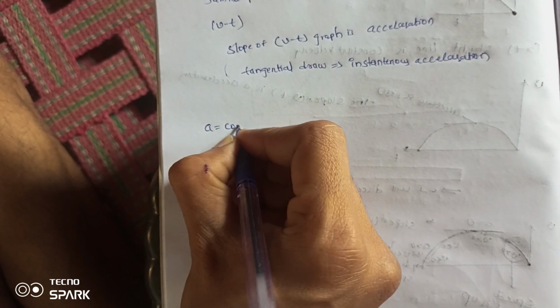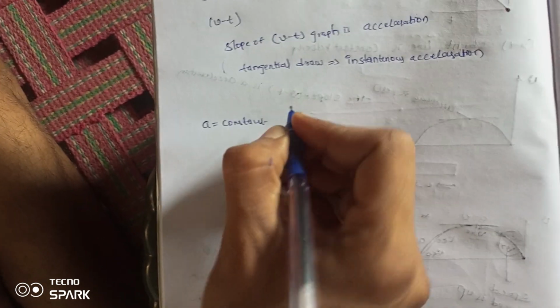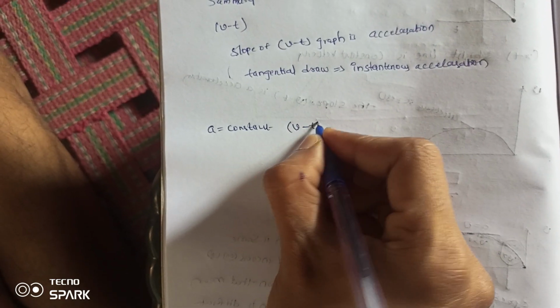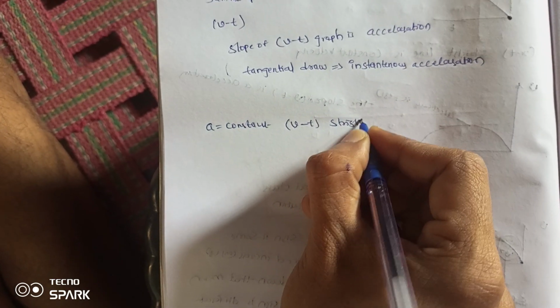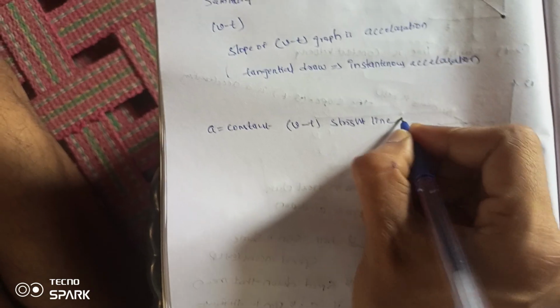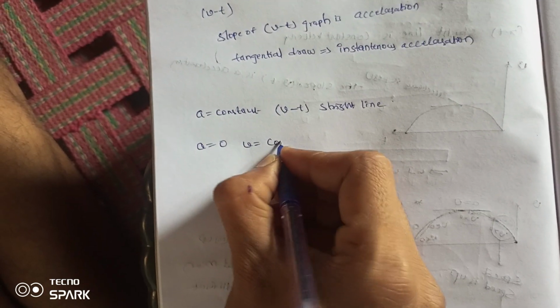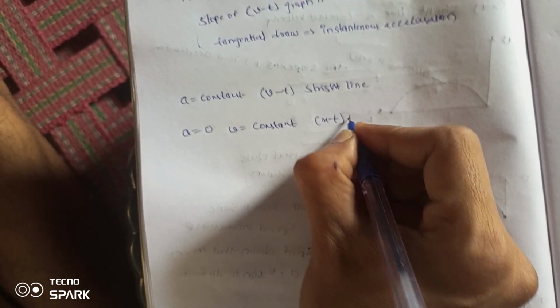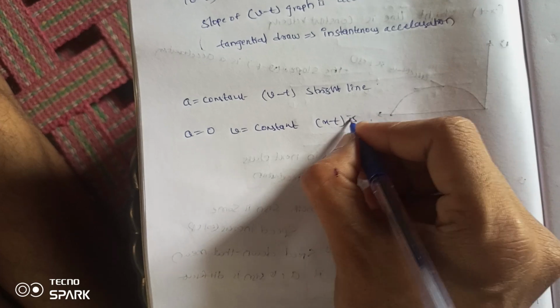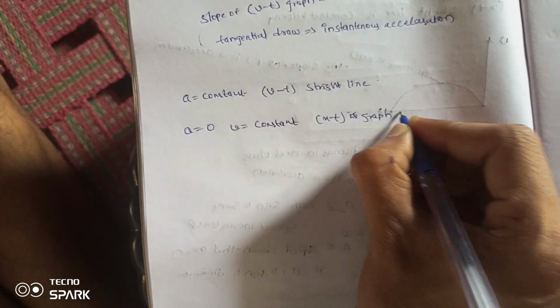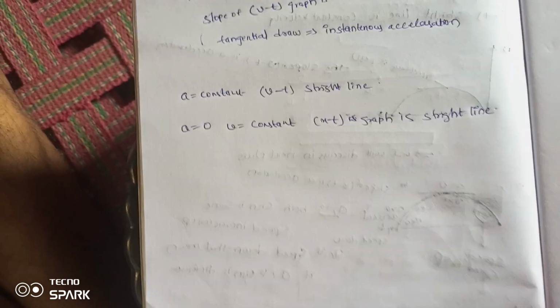If acceleration is constant, the VT graph is a straight line. If acceleration is 0, the velocity will be constant, and the xt graph is a straight line.